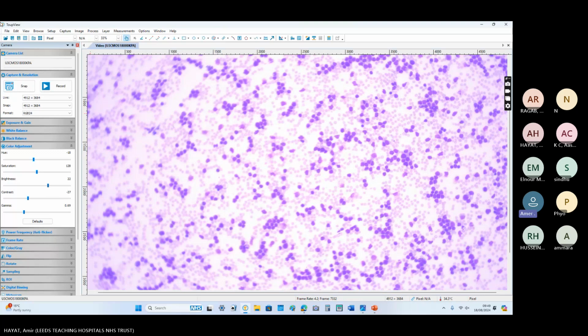Right. Again, this is a 24-year-old boy, and you have been called by the biomedical scientist regarding the blood film and the white cell count. The patient presented to ED in a confused state.